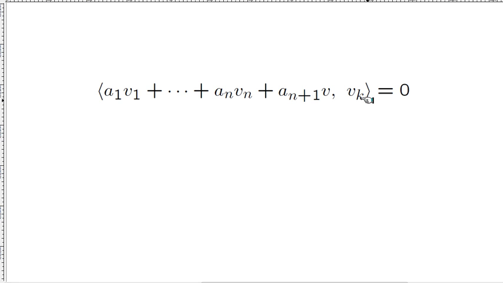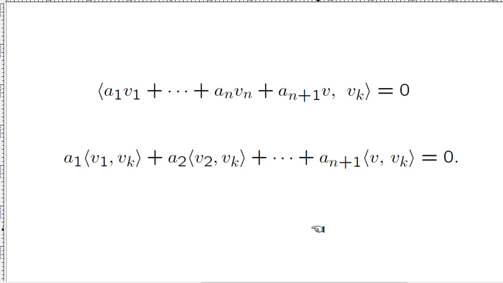This equation will be expanded as follows, and you can treat it as if it's a dot product and vk distributes over like this. And these are unknown coefficients. We know what v1 is, that's 1, and v2 is x, and x squared and x to the 3rd, and vk is whatever monomial in h.